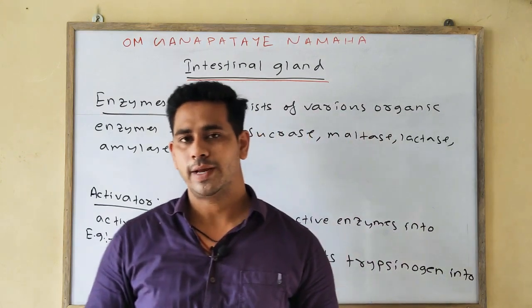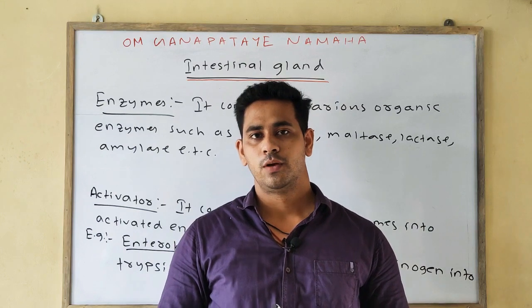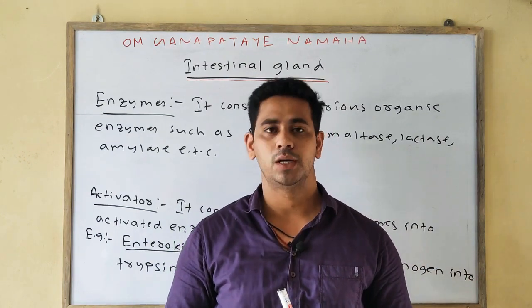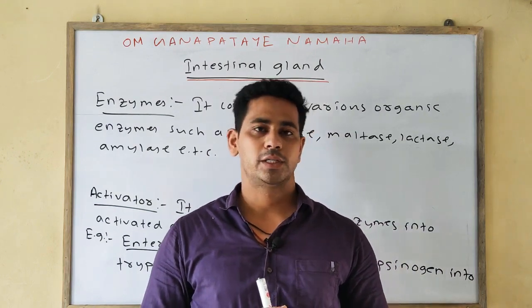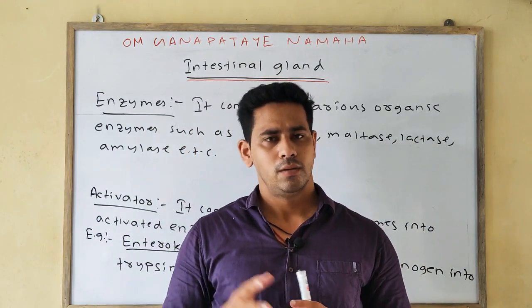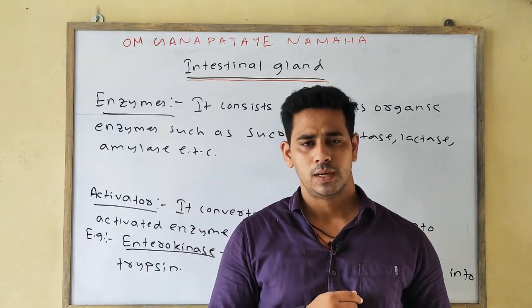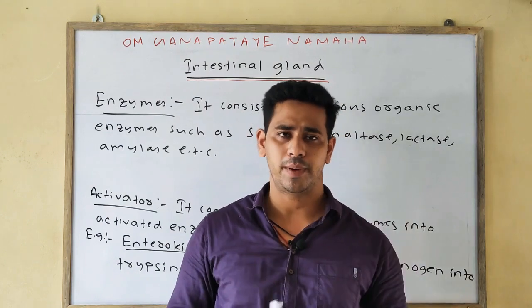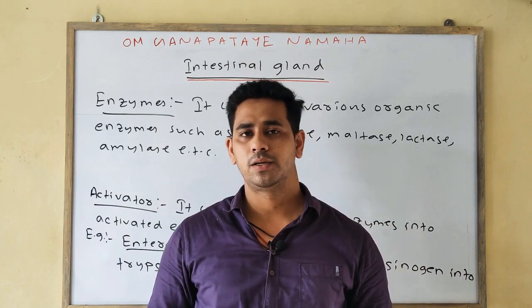So here we come to the end of the animal nutrition part. Starting from animal nutrition, we have discussed the definition of nutrition and the various steps involved. We have discussed in detail carbohydrate, protein, fat, vitamins, minerals, and intracellular digestion. We also discussed the digestive system of man, which consists of the alimentary canal with 8 important parts, from the mouth to the anus, whose length is about 9 meters.